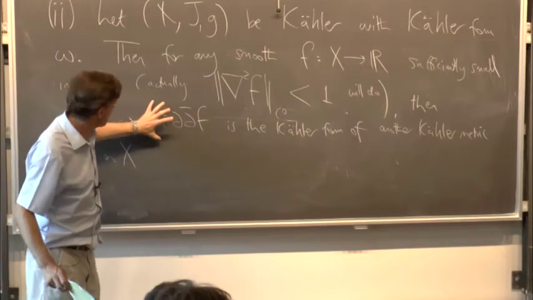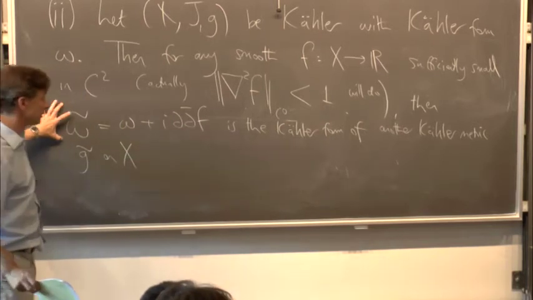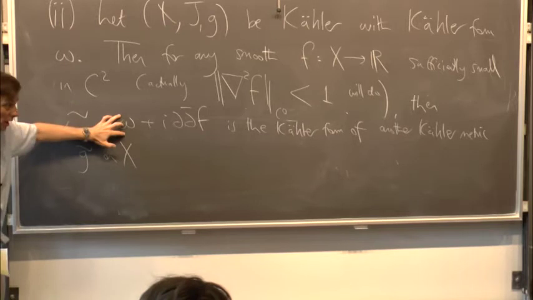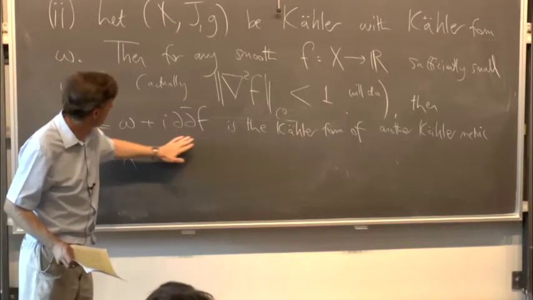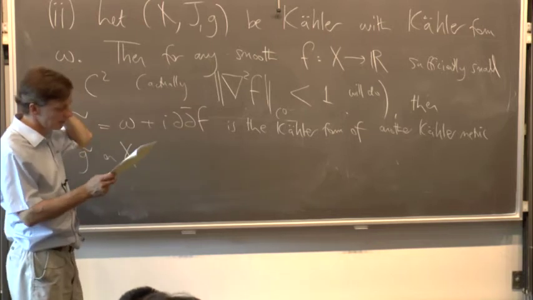That's also a closed real 1-1 form, just obviously. So omega twiddle is closed real 1-1. So to make it the Kähler form of a Kähler metric, this has to satisfy the positive definiteness condition. Now omega already does, and if this is small enough, then that won't change the positive definiteness.